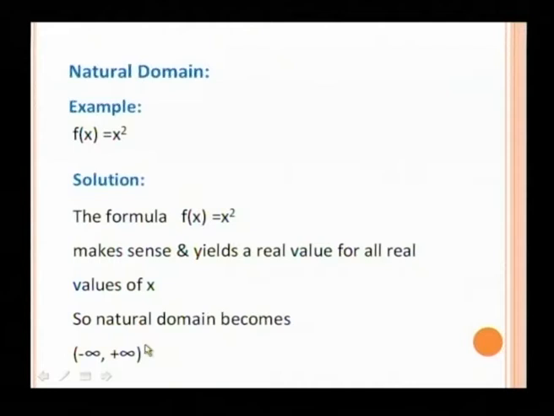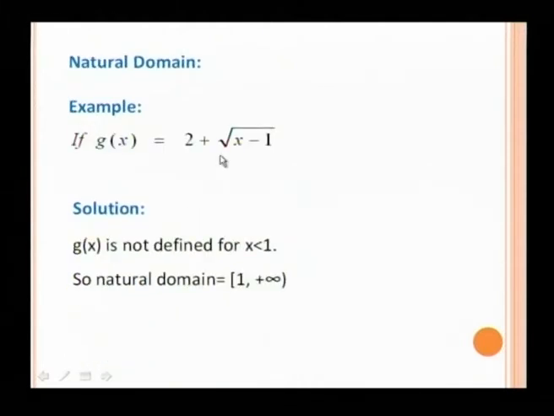So the natural domain for this example is minus infinity to plus infinity. Another example for natural domain is if we have a function g of x is equal to 2 plus square root of x minus 1. We know that g of x is not defined for x less than 1. So the natural domain for this function would become 1 to plus infinity, where 1 would be included in the domain.